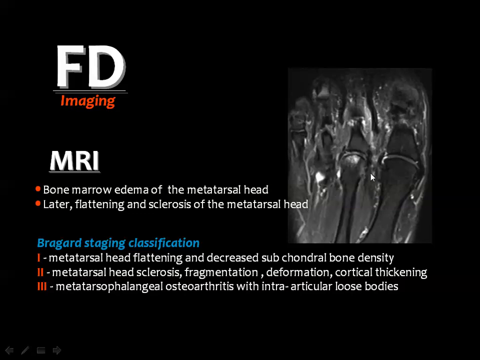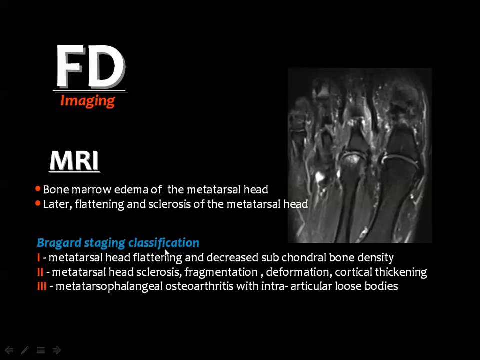bone marrow edema can be displayed by MRI, and here you can see in the second metatarsal head a localized area of bone marrow edema. Later on, there will be collapse, fragmentation, and bone sclerosis.